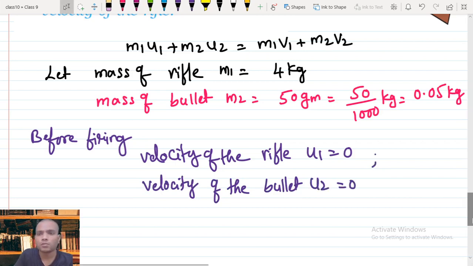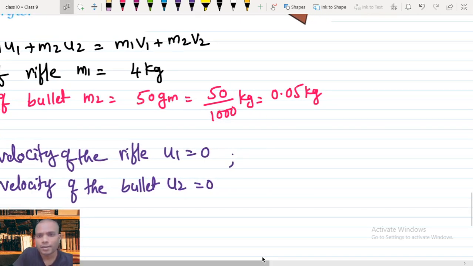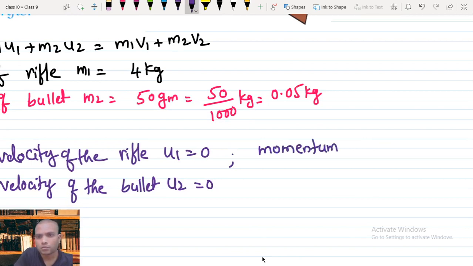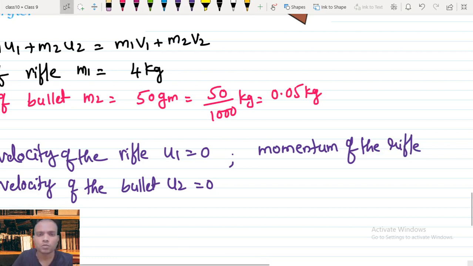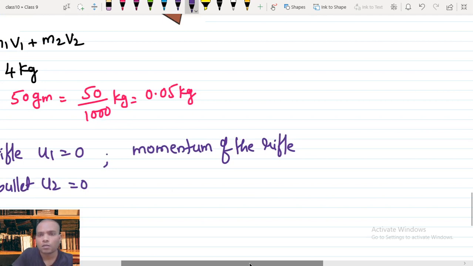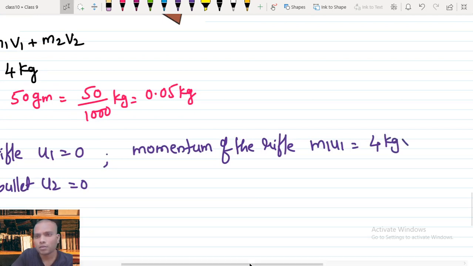So if the velocity equals 0, then what about momentum? You can write that the momentum of the rifle, momentum formula m1u1, so its value goes to 0. That implies m1 equal to 4 kg and u1 times 0, the momentum equal to 0.